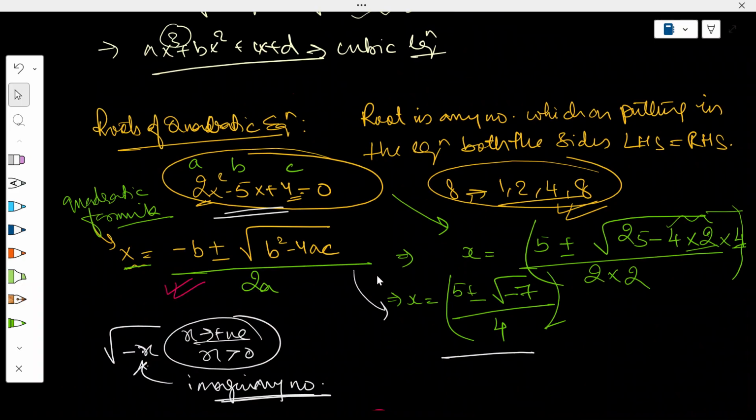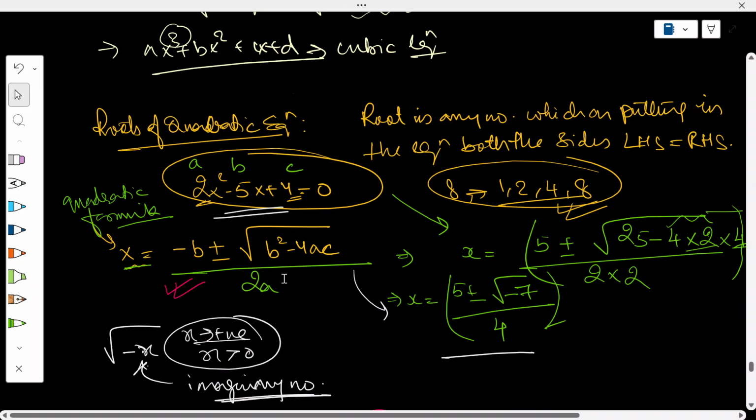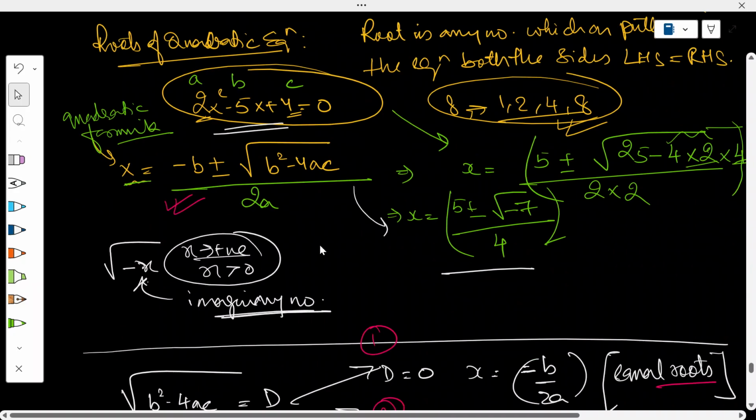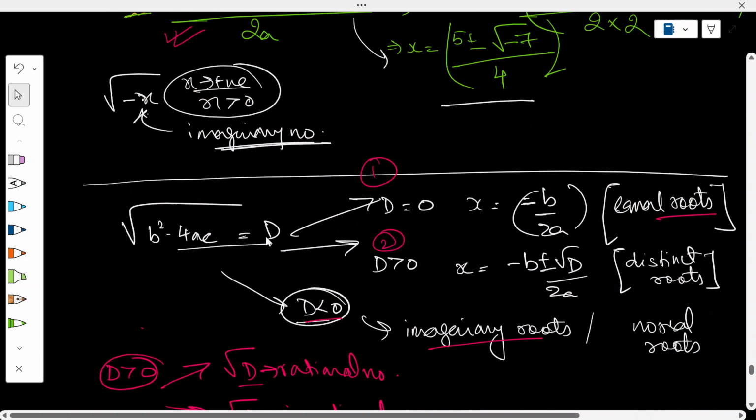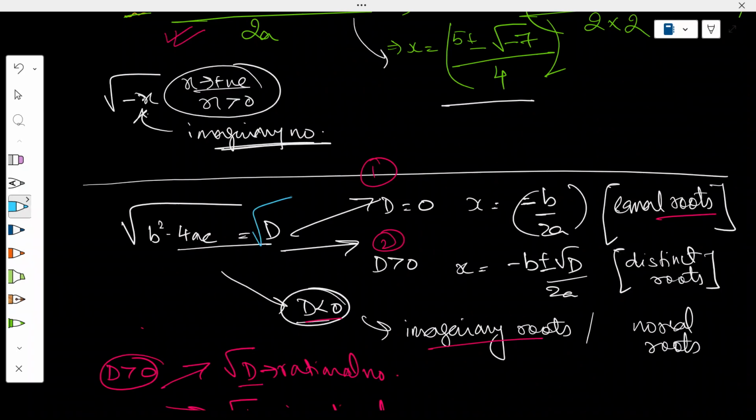We can find the root using this formula: minus b plus minus under root b square minus 4ac, divided by 2a. You can remember this formula, or I will show you the proof in the next class. Since there is this term b square minus 4ac under root, we call this d.